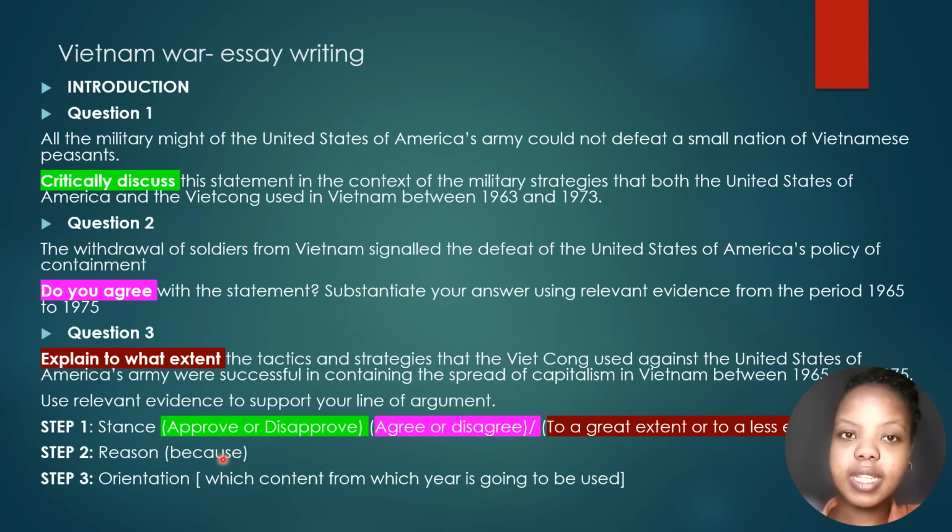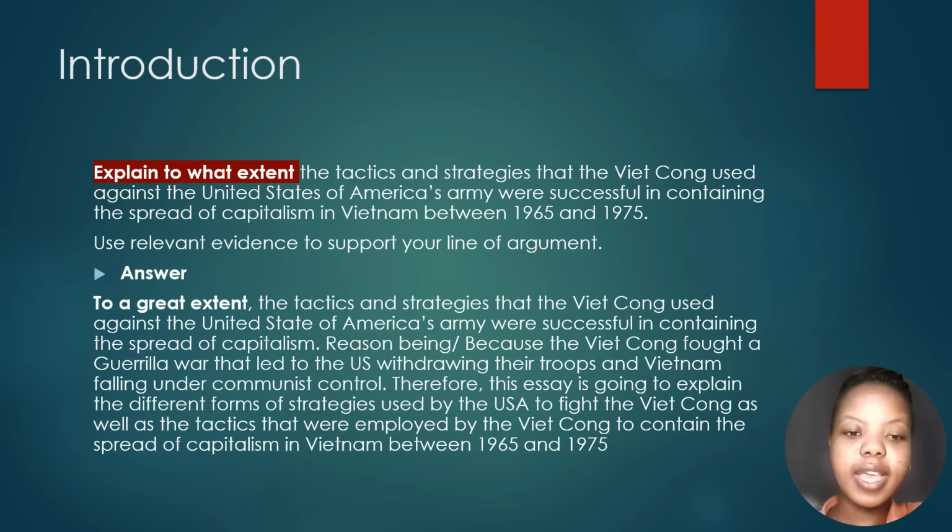So step number 2, provide a reason. Step number 3 is orientation, whereby you tell us which content you're going to draw your evidence from. So these are the simple steps that you need to follow in order to have a properly structured introduction that will score you marks.